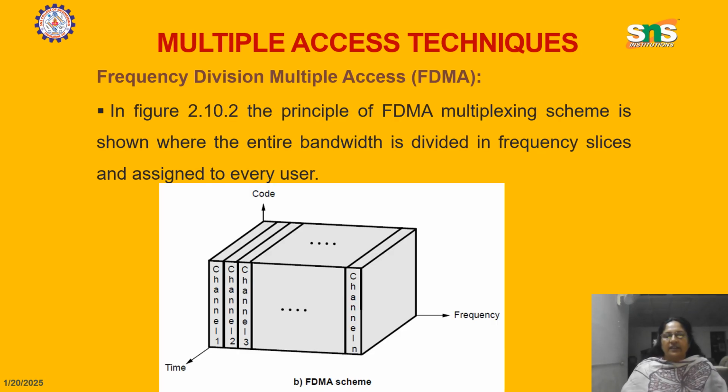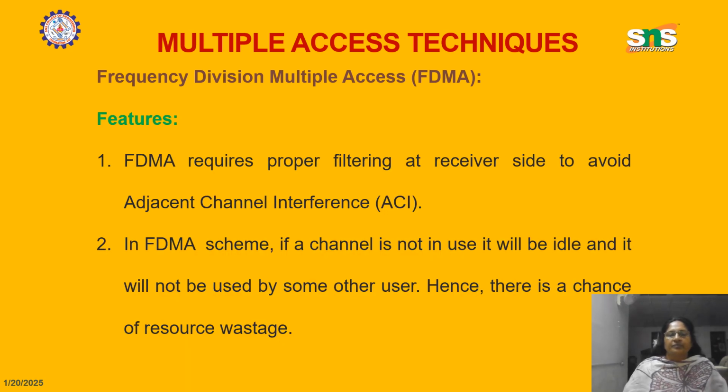Multiple access technique. In figure 2, the principle of the FDMA multiplexing scheme is shown, where the entire bandwidth is divided into frequency slices and assigned to each user. So in FDMA, the entire bandwidth is not available to the user, only a part of the bandwidth. FDMA requires proper filtering at the receiver side to avoid adjacent channel interference.